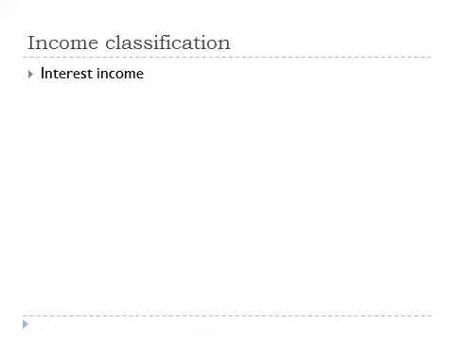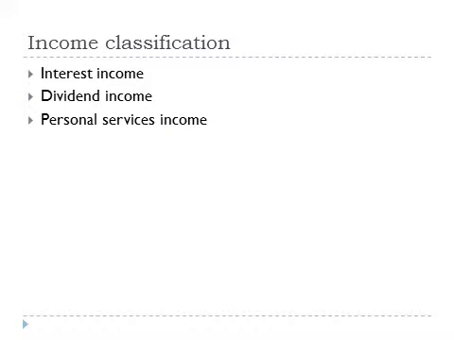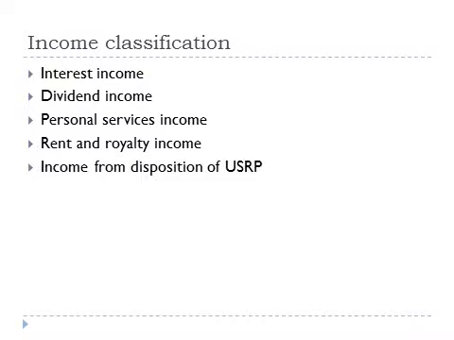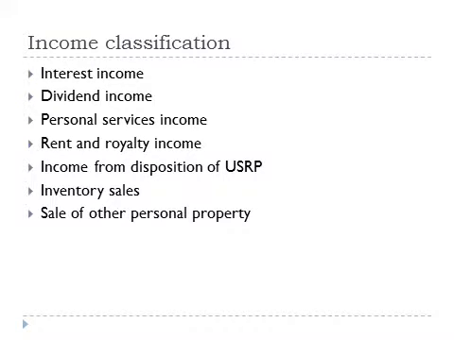Interest income, dividend income, personal services income, rent and royalty income, income from disposition of a U.S. real property interest, inventory sales, and sales of other personal property, including sales of intangible assets.